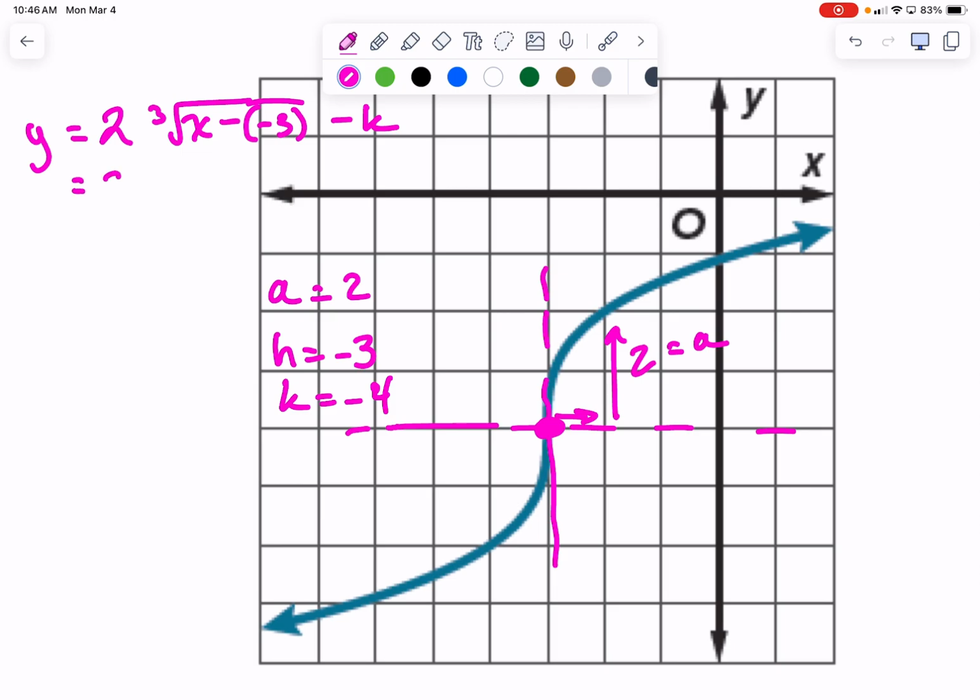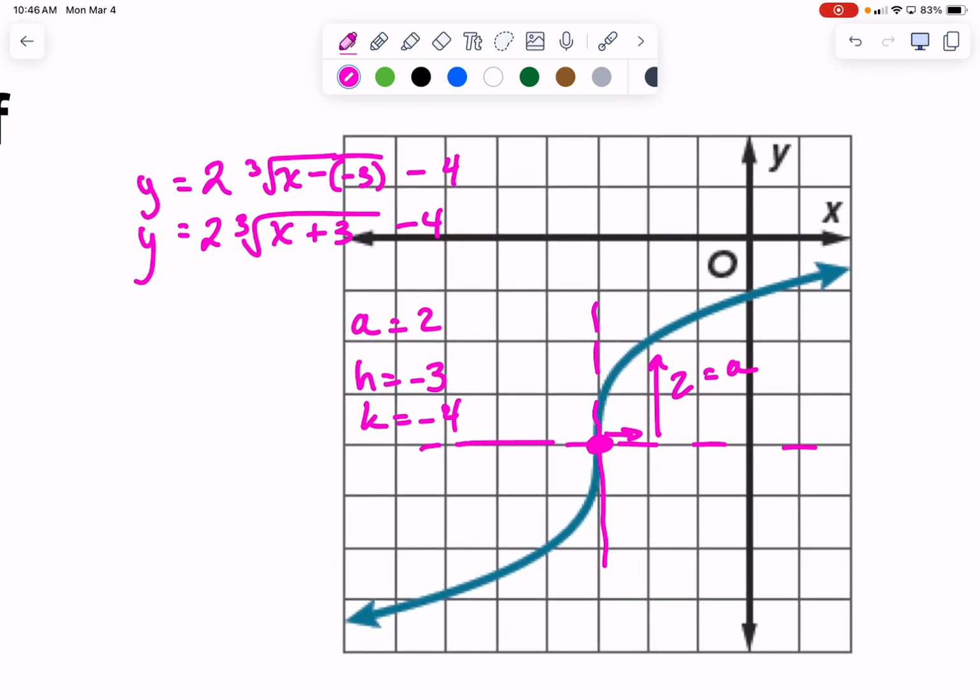So this is going to look like 2 cube root of x plus 3 plus 4, or minus 4. Meant to write a 4 there. Okay. There's another check problem for this. I'd like you guys to try that one on your own.